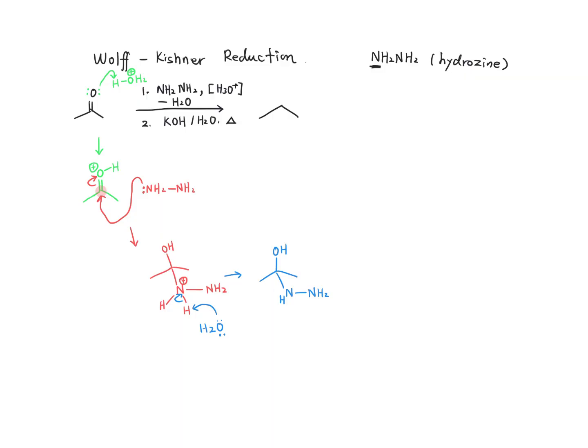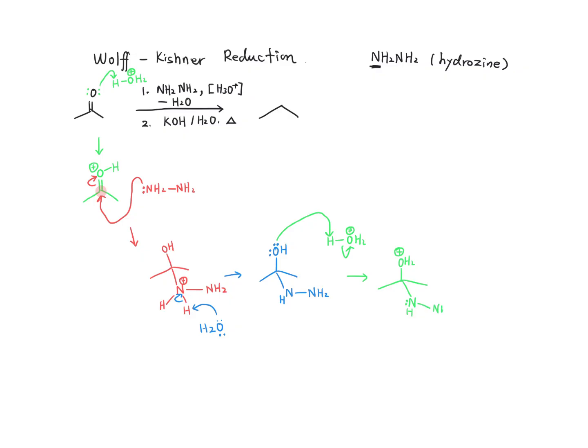So the next step is we are going to kick out this OH group by protonating the OH to make it a better leaving group. So again we have hydronium in this step, so it will grab a proton, and now we have a good leaving group, water, and at the same time we have a nitrogen with a lone pair.